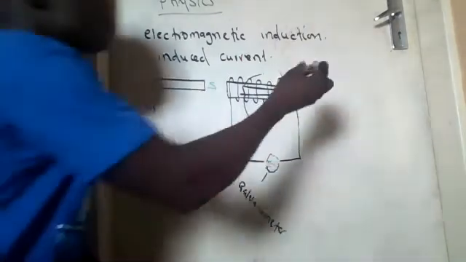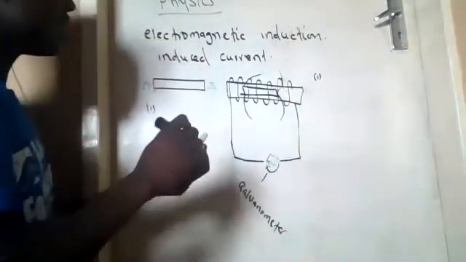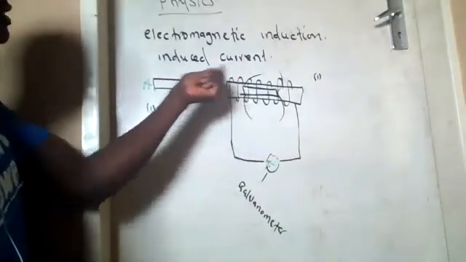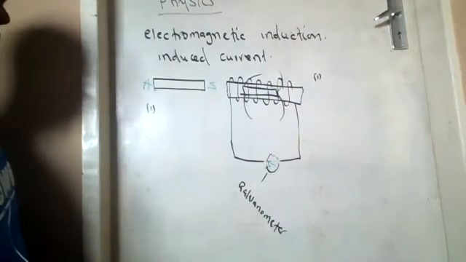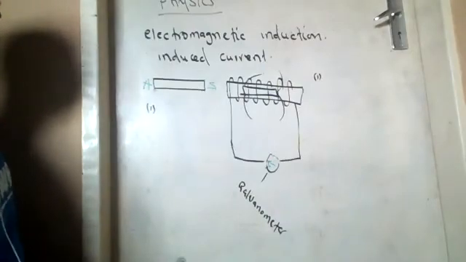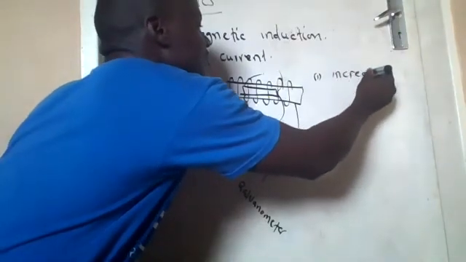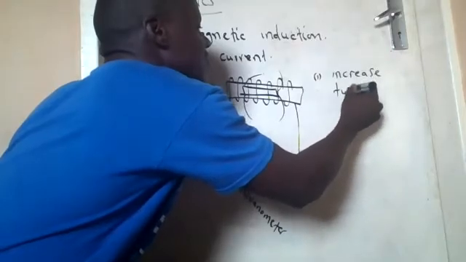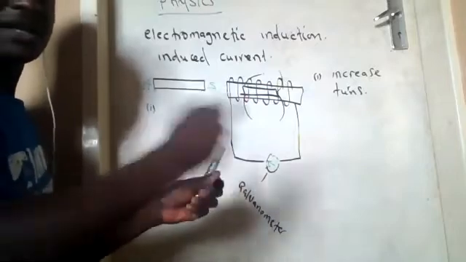So now, three things to note. One, they will ask, how can you increase the size of the induced current being produced? One, you increase the number of turns in the solenoids. You need to have a lot of wires in the solenoids.